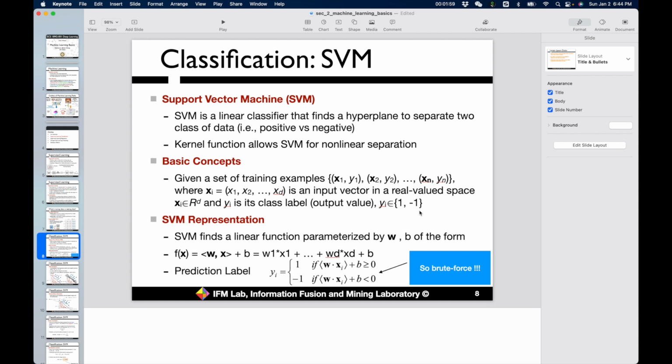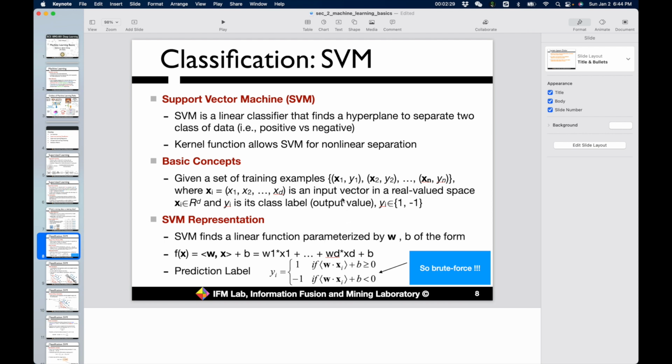And the support vector machine finds a linear function parameterized by W and B. W denotes a weight, B denotes a bias. We know that a machine learning model is a mapping, a function. How can we define the function for the support vector machine? We define it as follows. Given W and B, these are the parameters of the model.